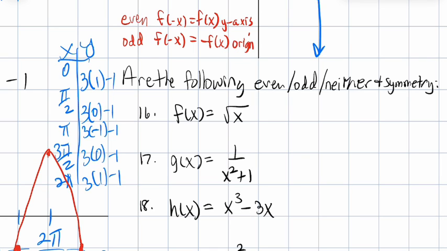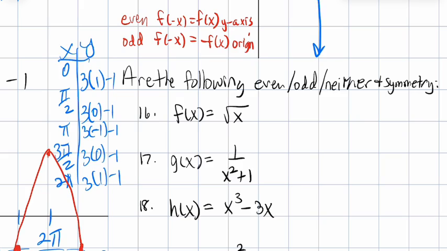So we are going to be doing the -x test for all of these functions, and we're going to see, does it go back to the original? Then it's even. Is it the opposite of the original? Then it's odd. If neither of those things happen, or some pieces change but some pieces do not, then we'll just write neither, and we don't care about the symmetry.